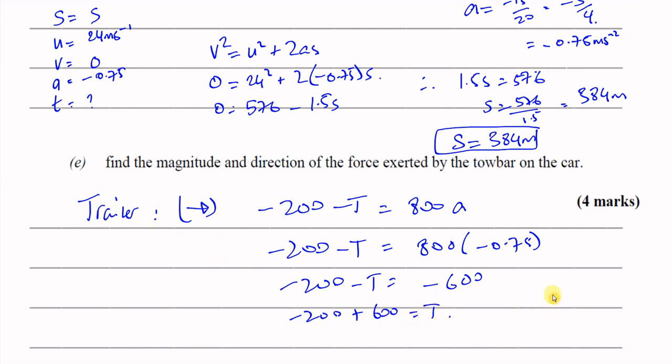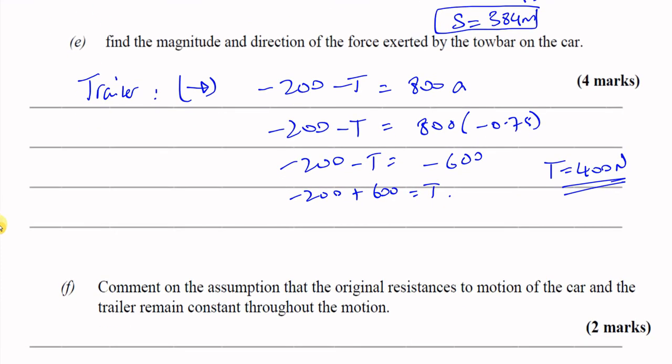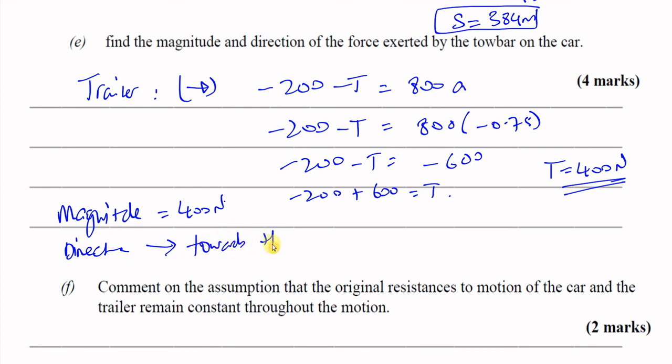So the magnitude of the force exerted by the tow bar is equal to 400 newtons, and the direction is towards the car, in the same direction as the car is moving, because it's keeping them apart from each other.